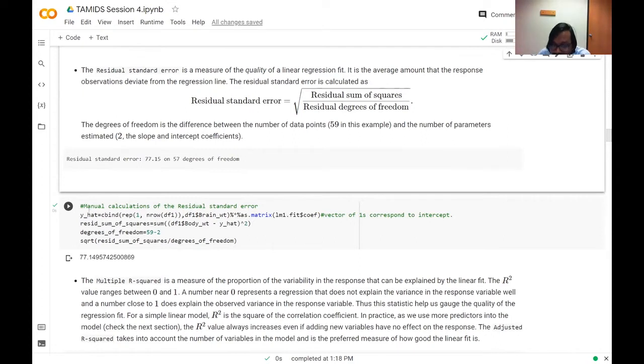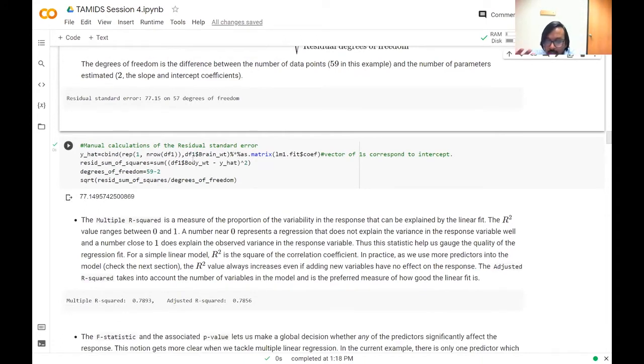Once you multiply that, you get the predicted values of the response variable. And so the residual sum of squares is nothing but the sum of the squares of the residuals, which is the actual observation of the response minus the predicted values. The degrees of freedom is, of course, 59 minus 2. And we can take the square root of this ratio to get pretty much the exact same value as R calculated for us.